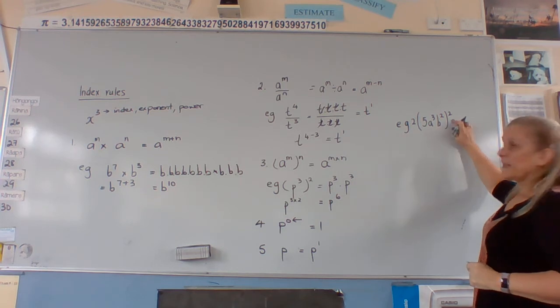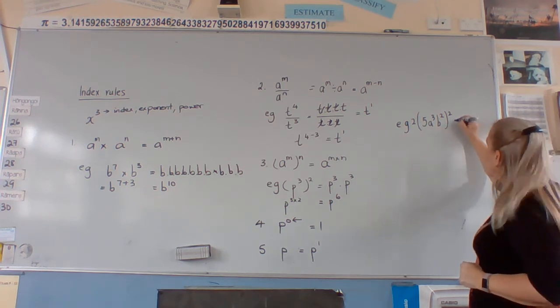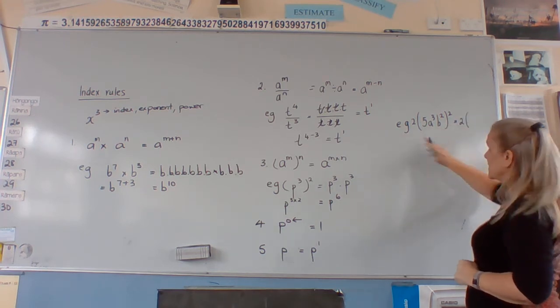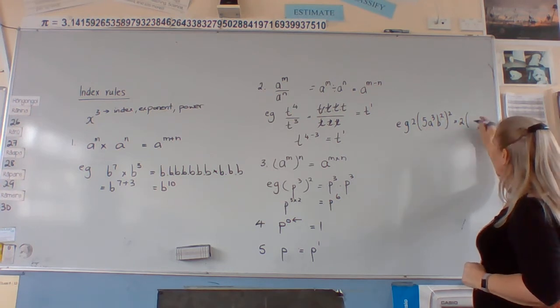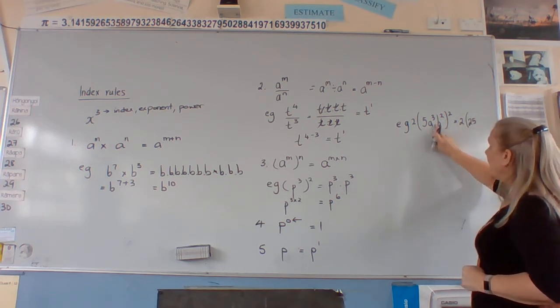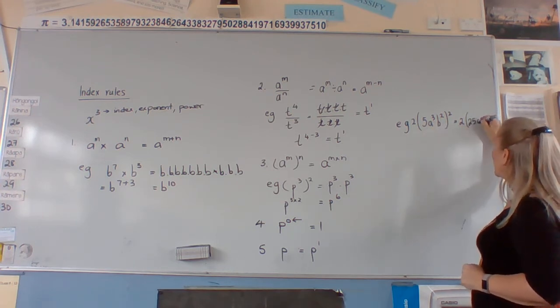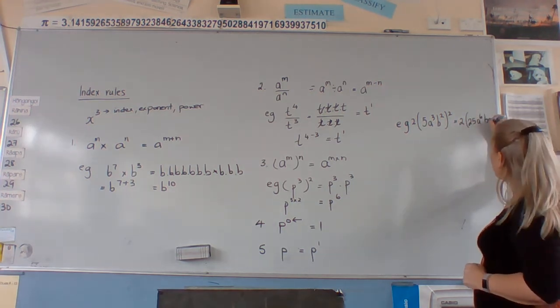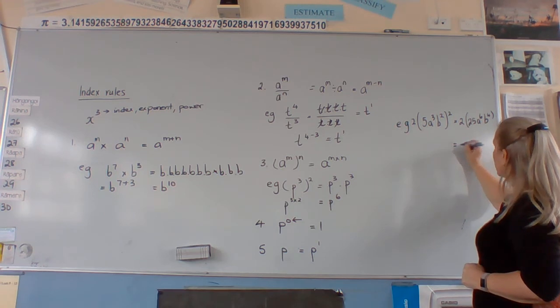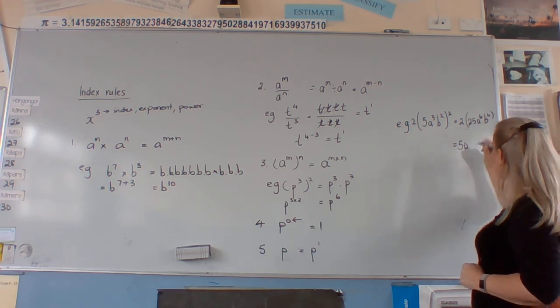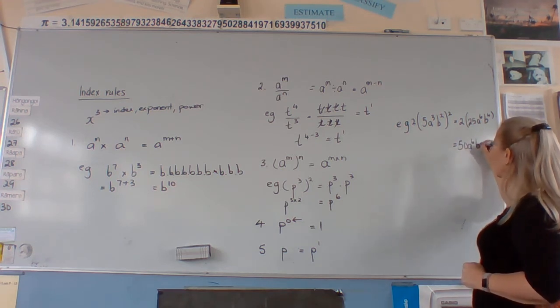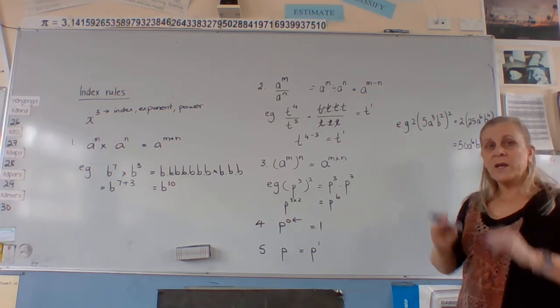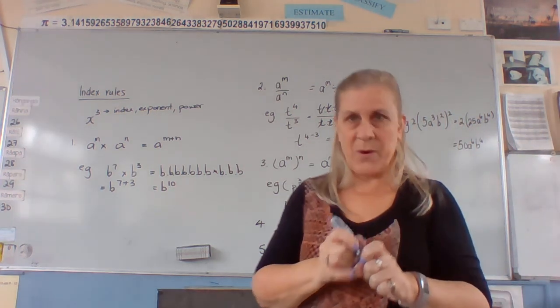Everything inside the bracket is to the power of 2. So we've got 2 times, that's the 2, 5 squared, 25. a cubed times 2, a to the 6. b squared times 2, b to the 4. So our answer is 50, 2 times 25, a to the 6, b to the 4. Be careful, inside and outside the brackets.